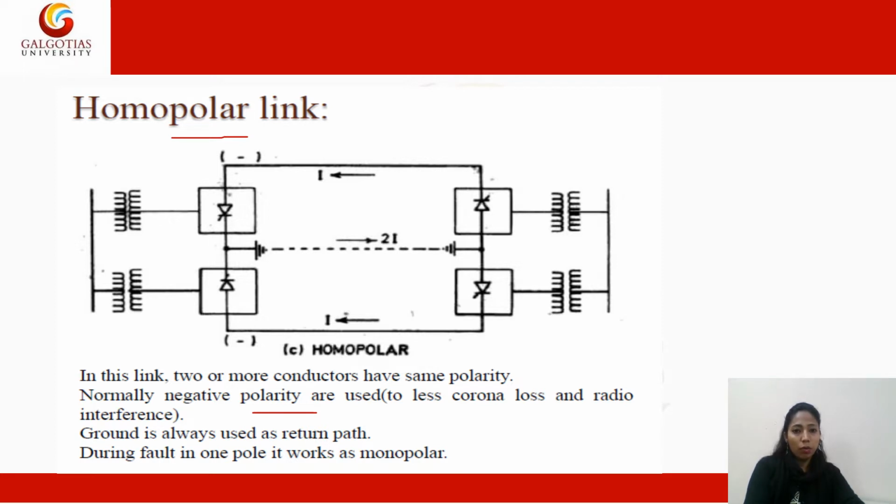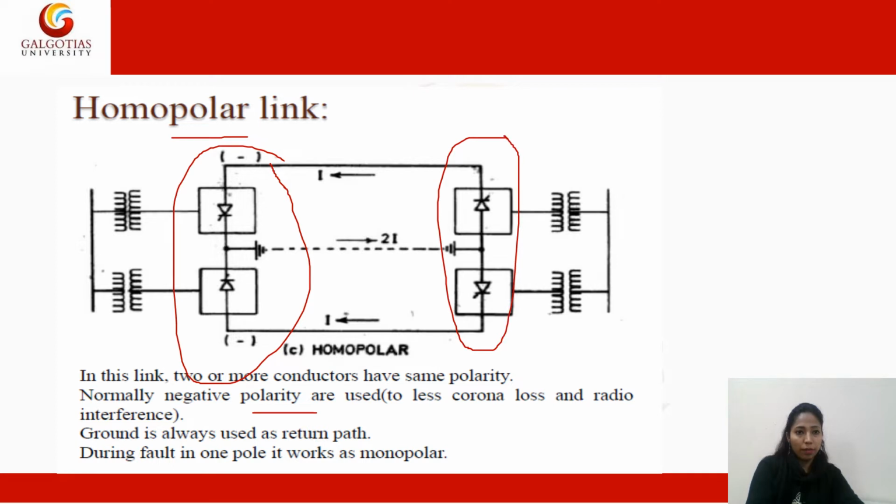The ground is always used in this type of HVDC link, and at the time of a fault we can operate this homopolar link as a monopolar link, so that time the ground can be used as a return conductor. Now see again, we have transformers on both sides, with the rectifier end and the inverter end.